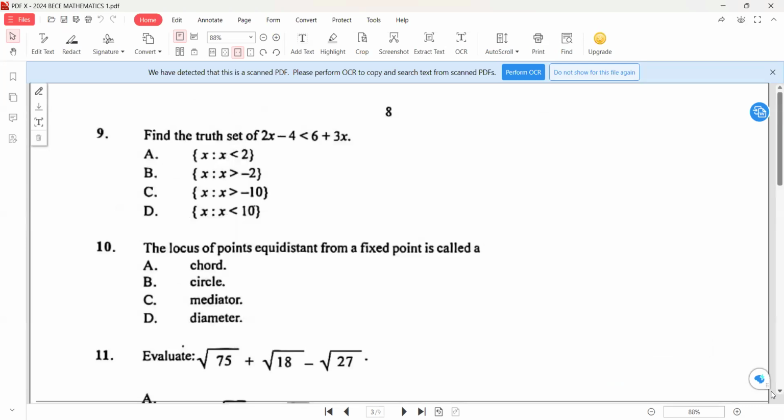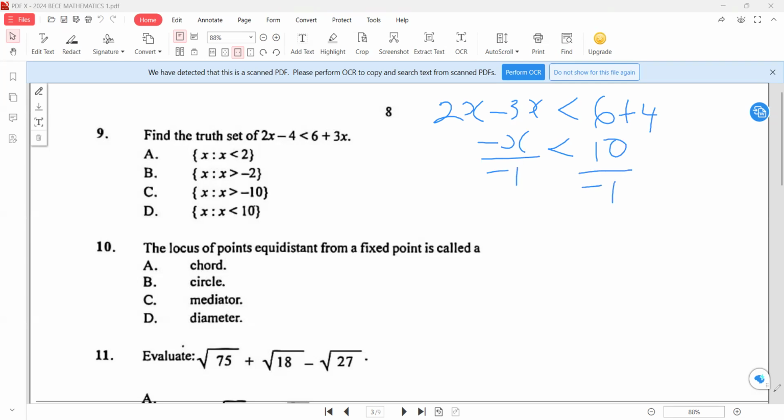Question number 9. Find the truth set of 2x minus 4 less than 6 plus 3x. So we group them: 2x minus 3x, less than 6 plus 4. Negative x is less than 10. Divide through by negative 1.